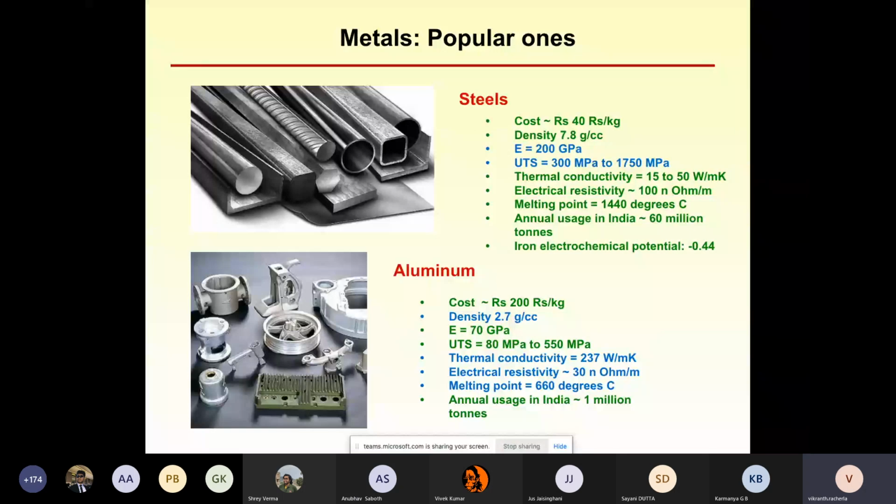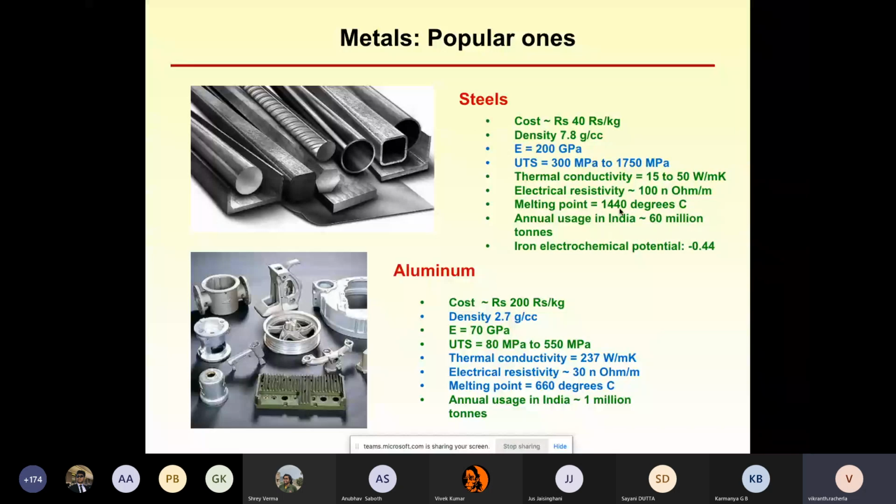Carbon steels, all of them have about 45 watt per meter Kelvin. Stainless steel has a thermal conductivity of about 15 watt per meter Kelvin. That is the reason that if you take a stainless steel vessel, put it on a gas stove, leave it alone for a while and then pour milk or anything else in it, there are some very strong thermal gradients. Some places become very hot. So that's a bit of an issue. In cooking, low thermal conductivity is bad.